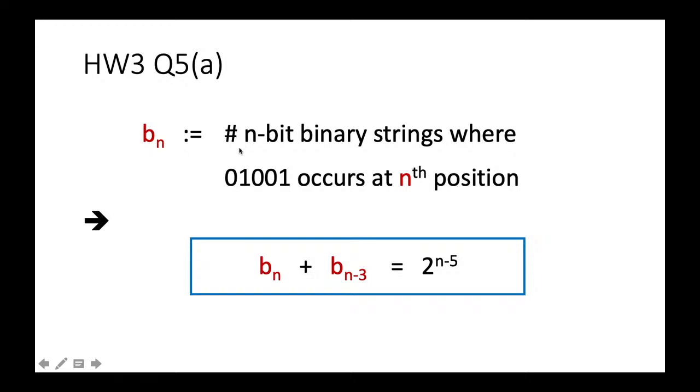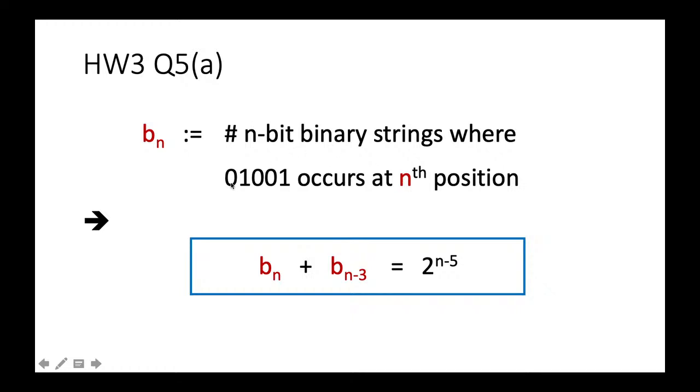But before we find the generating function, let us get the recurrence first to get the idea of how b_n should be related. Now we consider, how do we do this? We consider all the strings that end with 01001 that are n bits long.